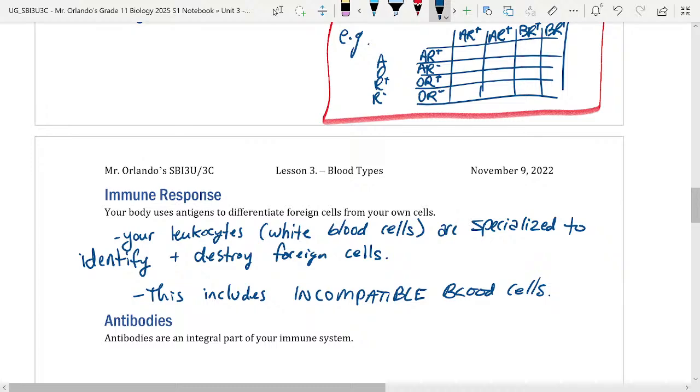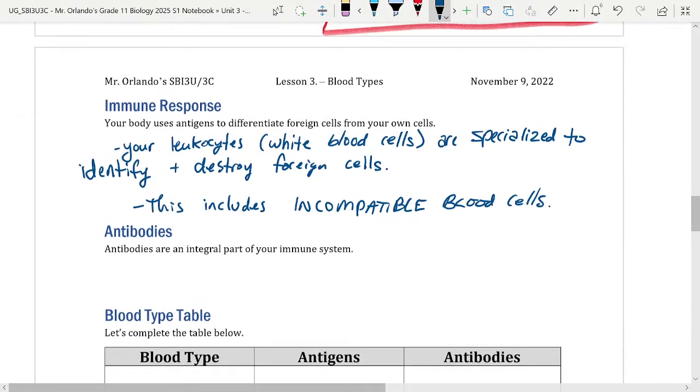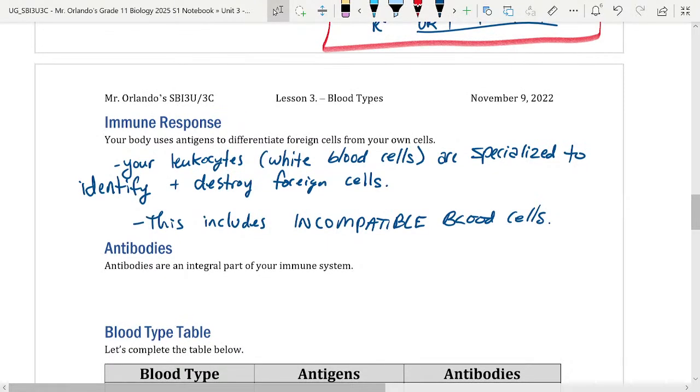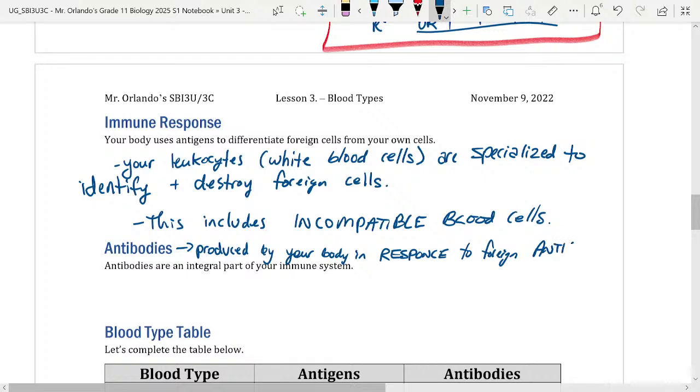Interestingly, antigens are produced by the body in response to foreign antigens. In fact, the word antigen literally means antibody generator.